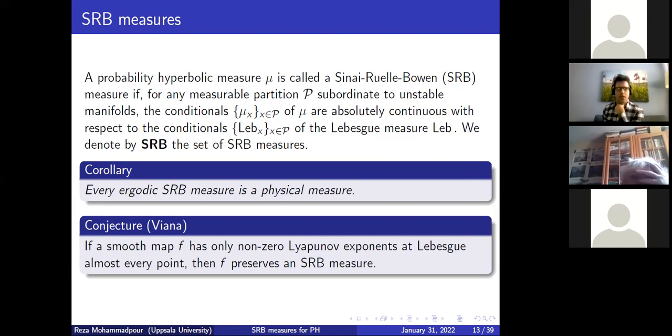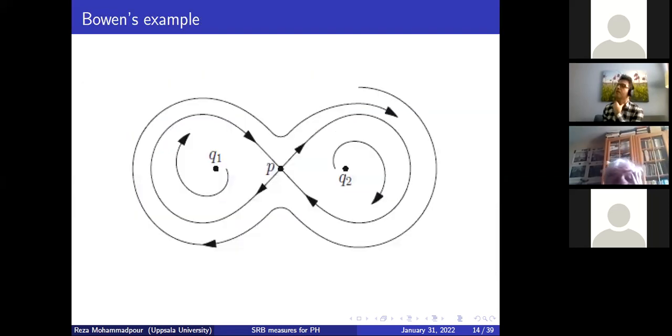Let us see an example of a physical but not SRB measure. This is the Bowen example. Consider a time-one flow map where the Dirac measure at the hyperbolic fixed point P is a physical measure, because the basin contains everything except these two points, Q1 and Q2.